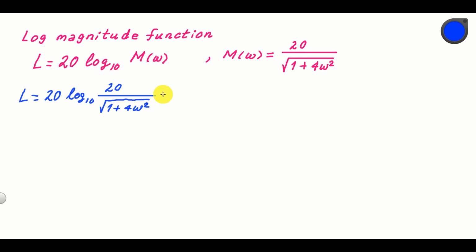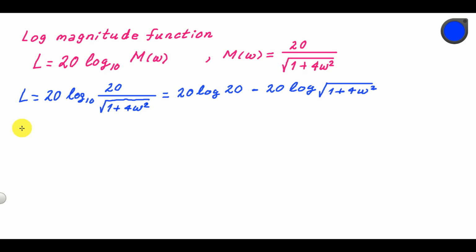And let's simplify this expression. This becomes 20 log 20 minus 20 log of the square root of 1 plus 4 omega squared.